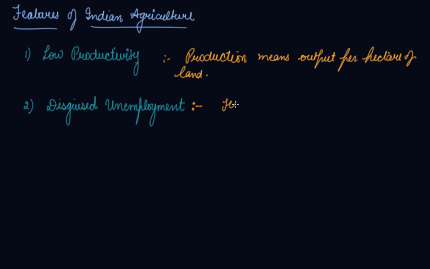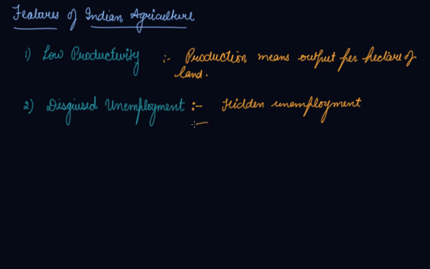It is a situation where all the family members are working in agriculture on a piece of their land, but the number of persons engaged on a piece of land is much more than what is actually required. So apparently all are employed, but in reality they are not, because the number of people working on the piece of land is comparatively more.